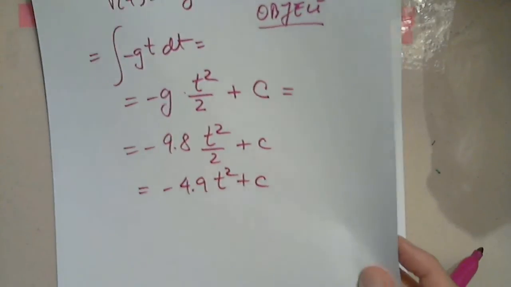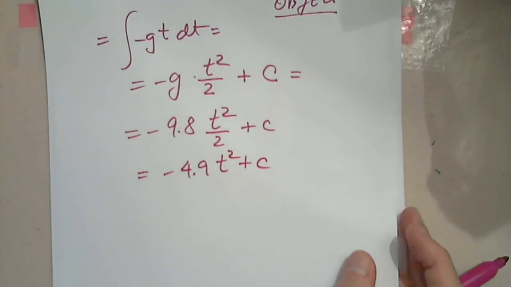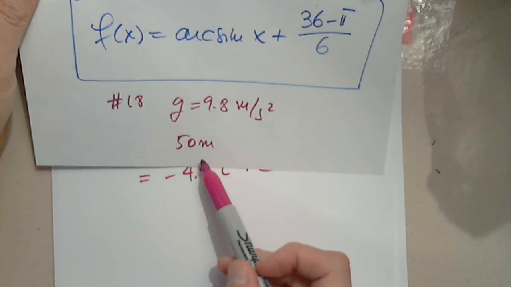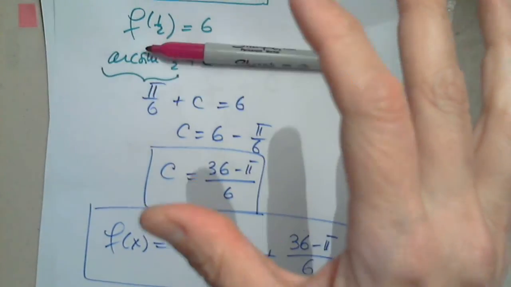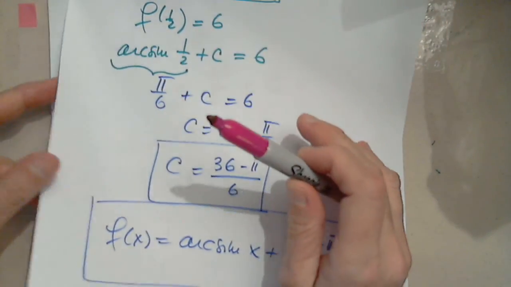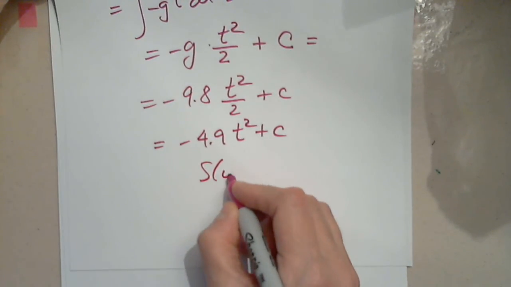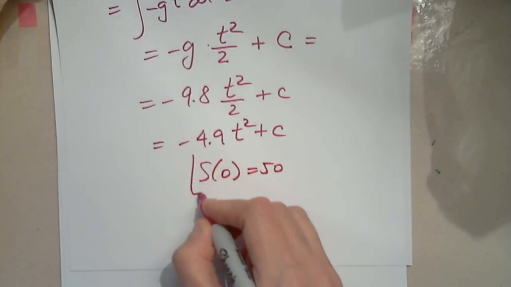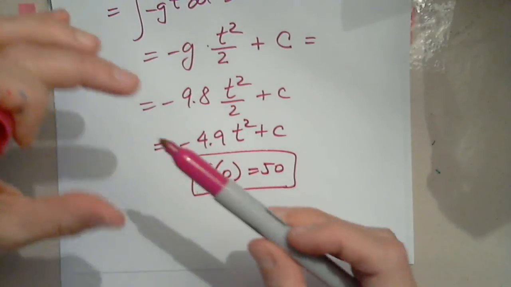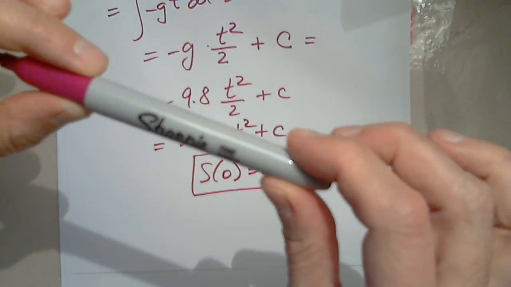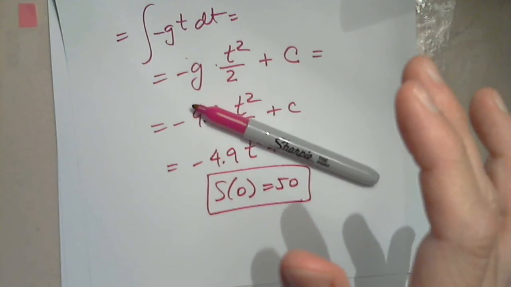We are told that initially I dropped it from 50 meters, so s of 0 is 50. The initial height is 50.